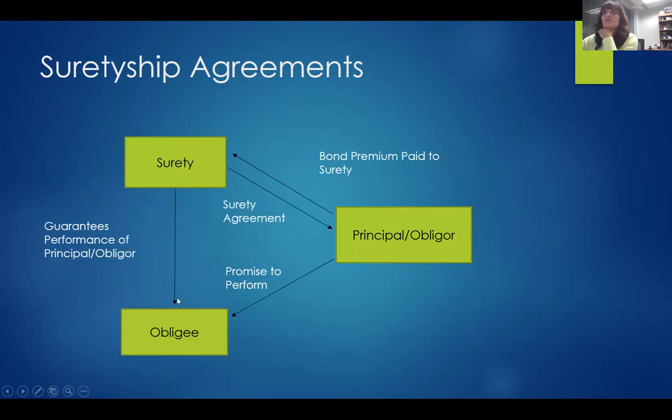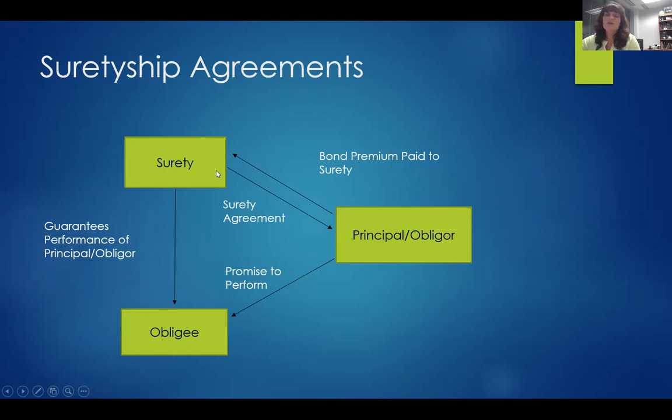So here's a visual representation of how that works. Really, the original agreement was between this principal, the contractor doing work for you, let's say, that has some work that needs to be done, and you're the obligee. They promise to perform work. And in order to make sure that they get it done, you're asking them to put a surety agreement in place. So they're actually paying a bond premium to the surety.